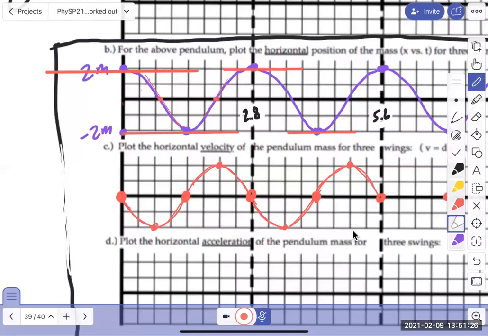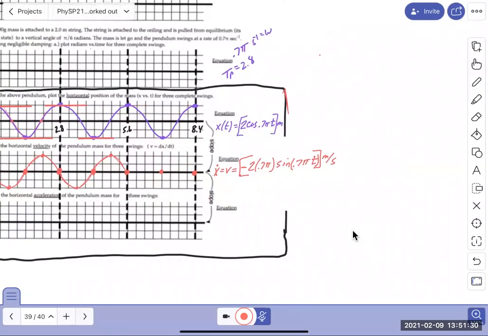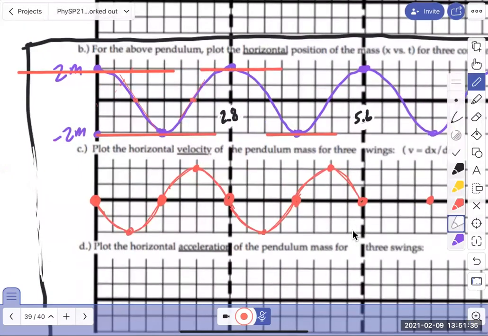Well, according to this, 1.4 pi is as high as it can get, which has a number, right? That's 3 times 1.4, so I don't know, 6 or something, whatever that is. And then negative 1.4 pi. It's okay to leave it in terms of pi. Those are my extremes for velocity, okay?